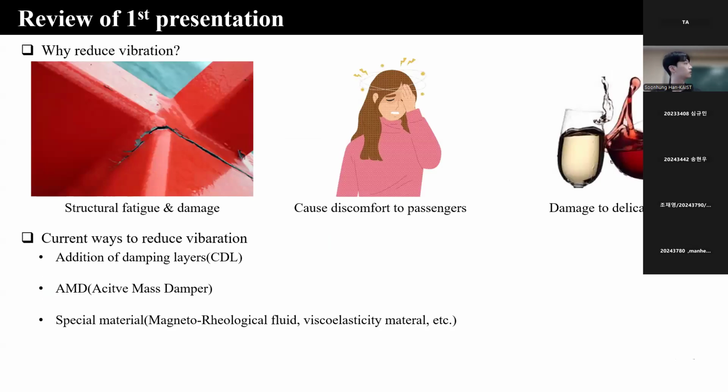This vibration can cause structural fatigue, it can be uncomfortable for passengers on a cruise ship, and vibration can damage delicate cargo like glass. So to reduce the vibration, we suggest three methods.